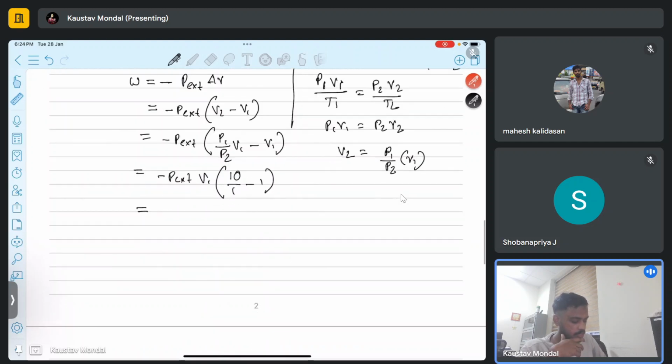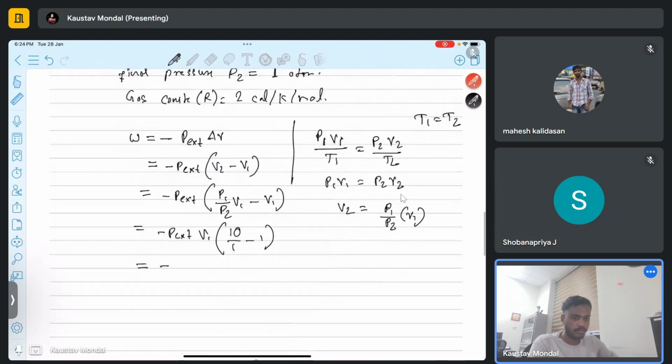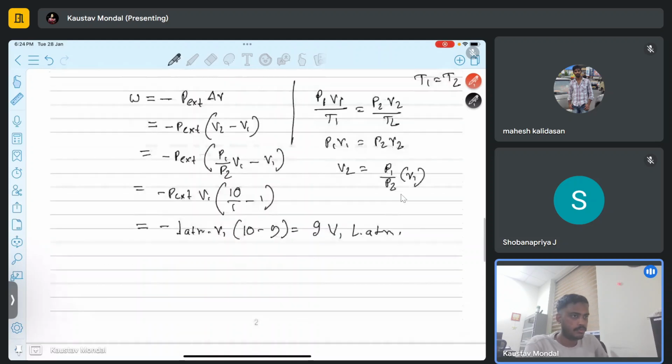We also know that P external is 1 atm, so we substitute it here. This is 1 atm into V1, into 10 minus 1, so this gives you 9 V1 liter atmosphere.